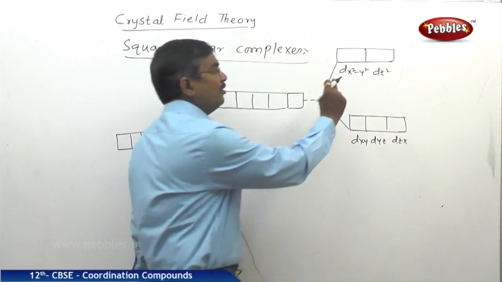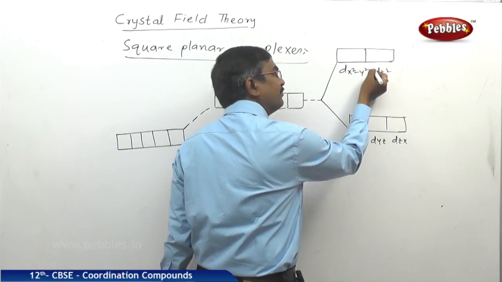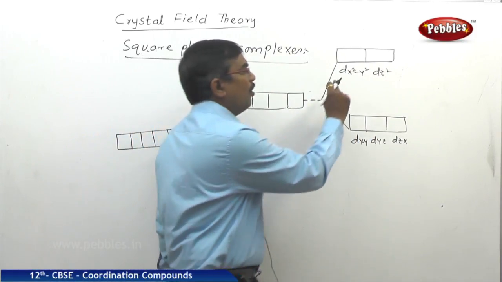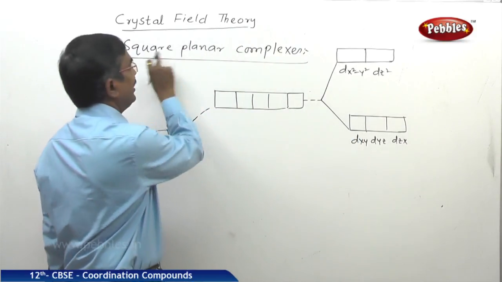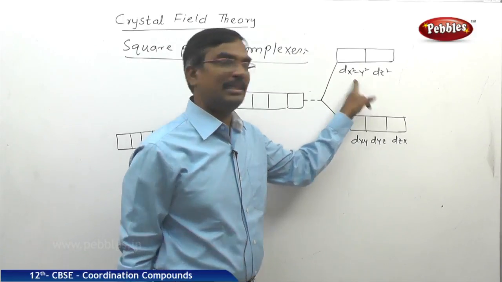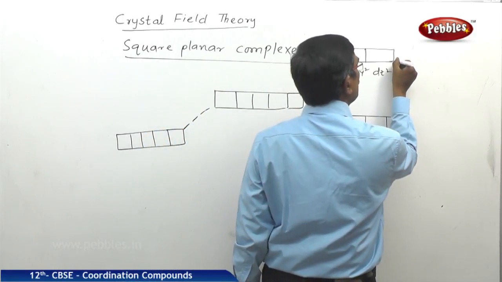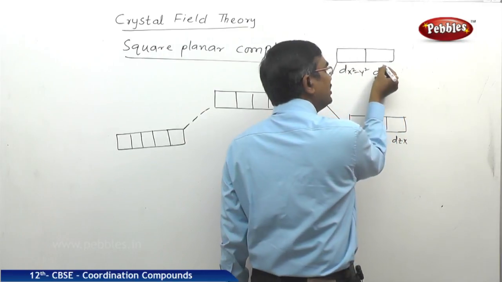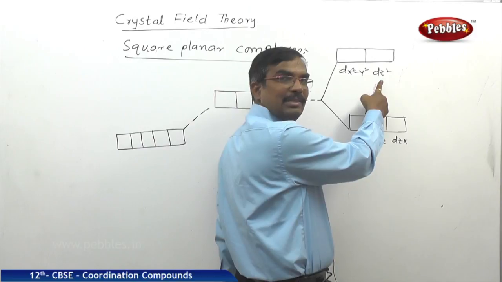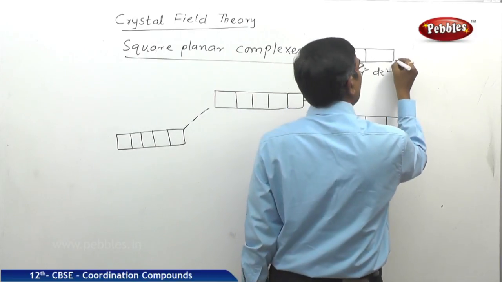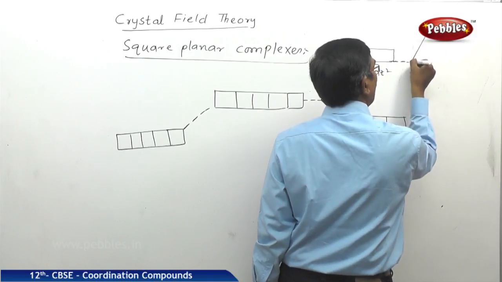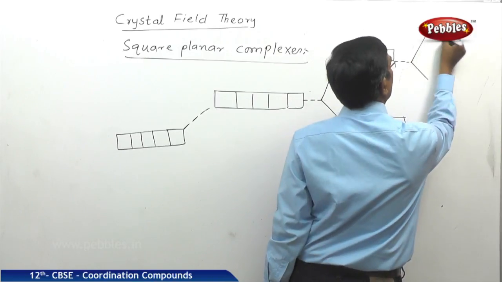Among these two, this will interfere least with the ligands, while in the case of the square planar complexes the interaction here is more. So this also will split into two, where the energy of this will be less than this. Among these two, further splitting will be observed.